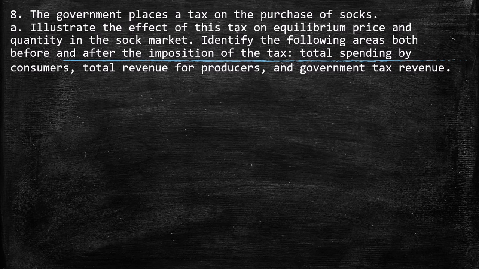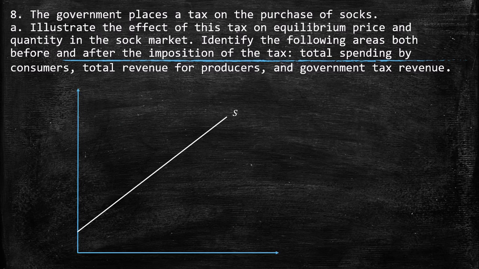A. Illustrate the effect of this tax on equilibrium price and quantity in the sock market. Identify the following areas, both before and after the imposition of the tax: total spending by consumers, total revenue for producers, and government tax revenue.